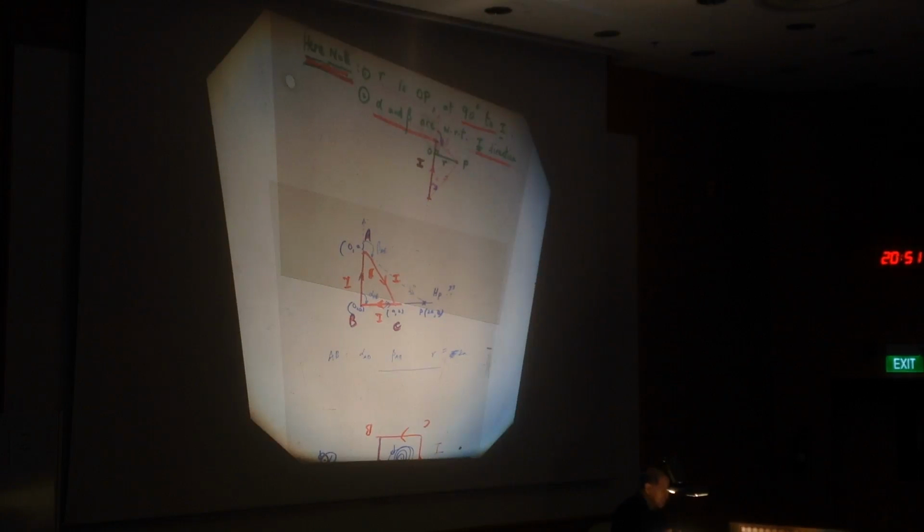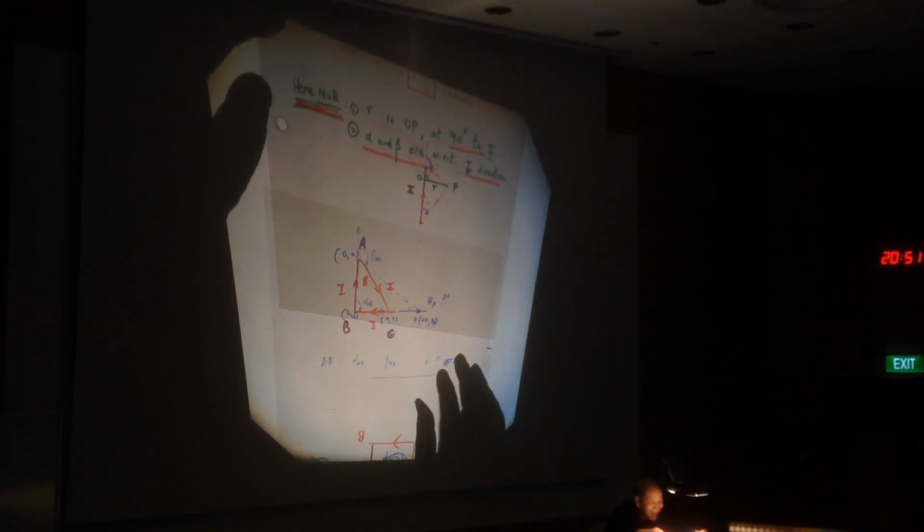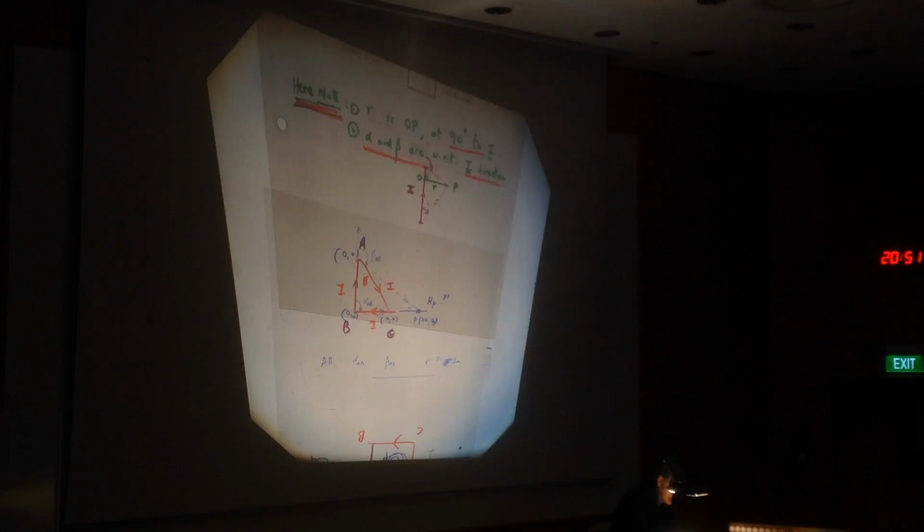Is that okay, anybody? Is anybody lost? Anybody not sure what we are doing? We are just using a result we have discovered, with proper care about the angles we take. The angles alpha and beta are taken first where the current goes in.